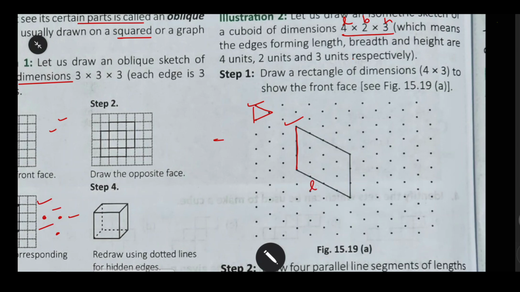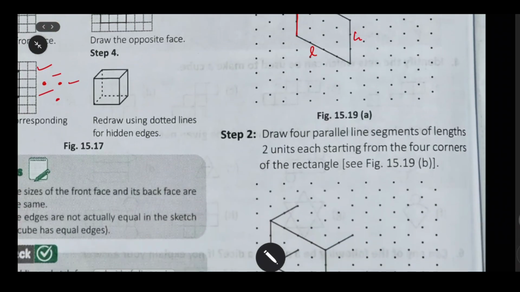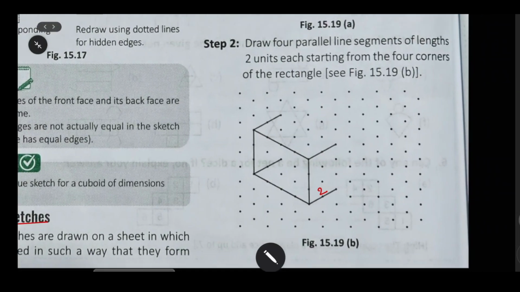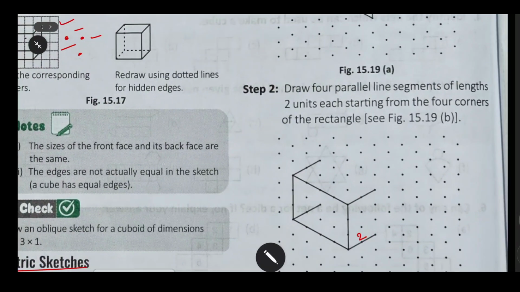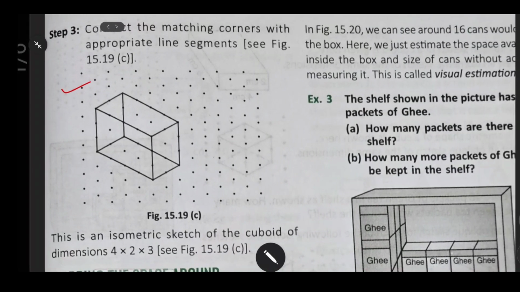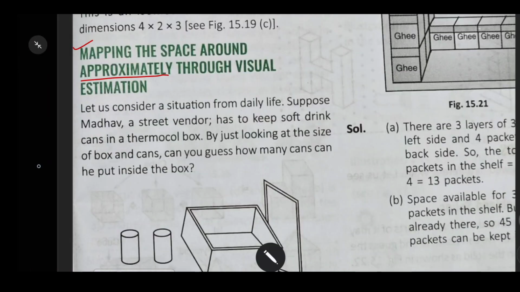Here is the length, here is a height of 3. Now in the second step we will draw the width of 2 units, and after that we will join them and we will get the result as we get here. In this way we will draw the isometric sketch.